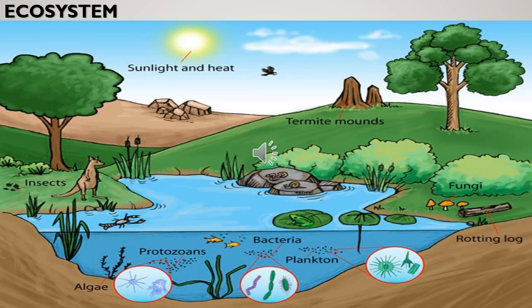An ecosystem is a community where all living organisms live and interact with one another, and also with their non-living environment. Living creatures interact with one another, and at the same time they have a relationship with the non-living environment, such as land, soil, air, water, etc. The size may vary from small to big.